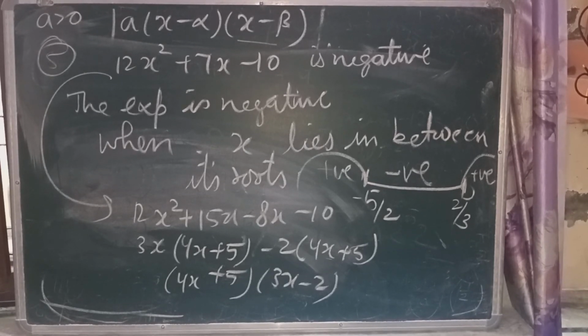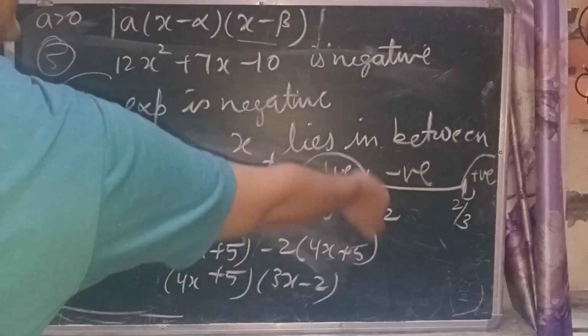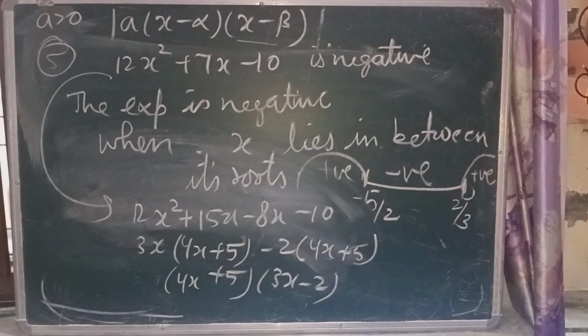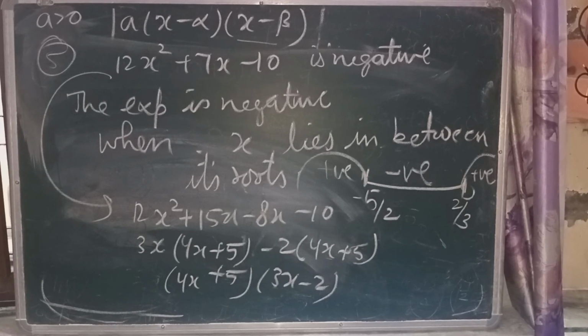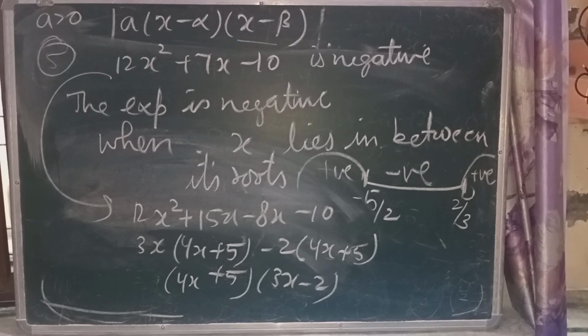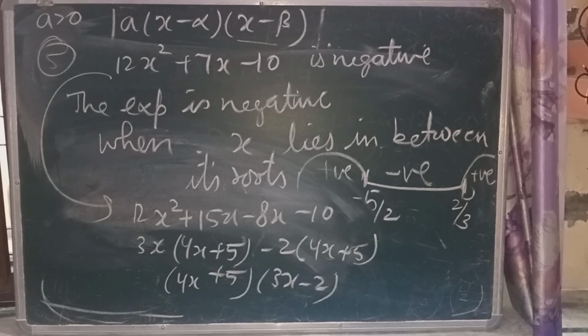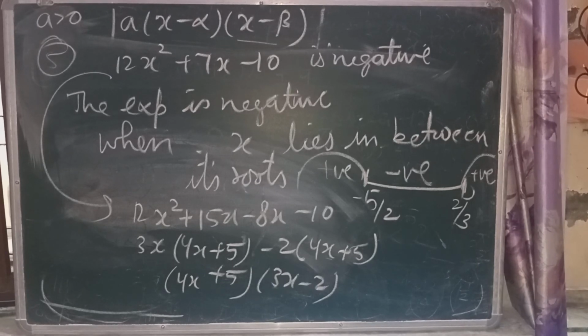So I have shown that the expression will be completely negative when x is between its roots, and on the rest of the sides, before minus 5 upon 4 and after 2 upon 3, it will always be positive. So the expression is negative when the value of x lies between its roots alpha and beta.